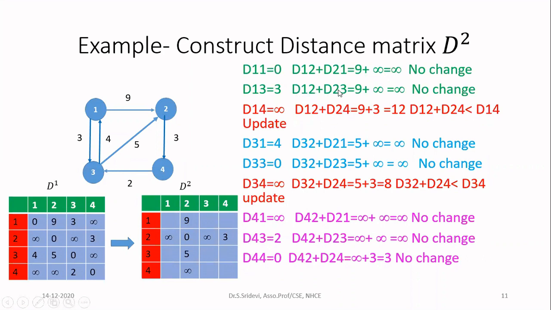So add both the distances. So now what is the distance from 1 to 2? Here in the row 1, in the column 2, I have 9. So write it. Then D23 is in the row 2, in the column 3, it is infinite. When we add 9 and infinite, we are getting infinite. So your previous cost is 3 and your new cost is infinite. So there is no improvement. Improvement in the sense there is no reduction in the distance. So you don't change anything.